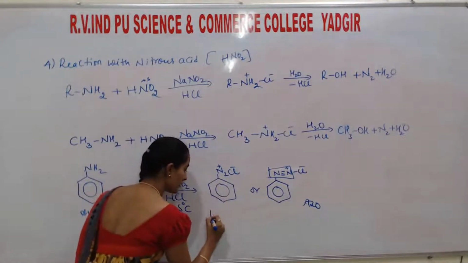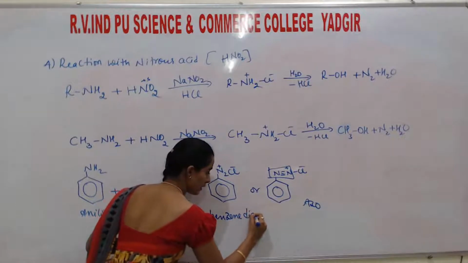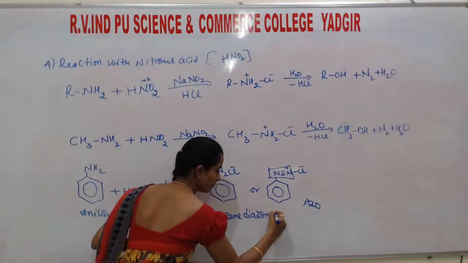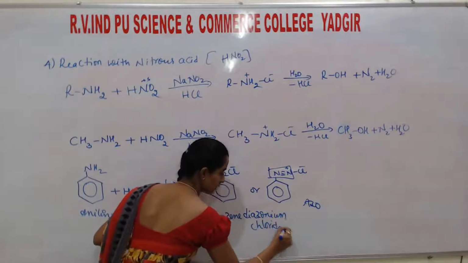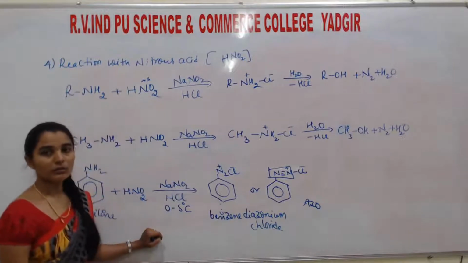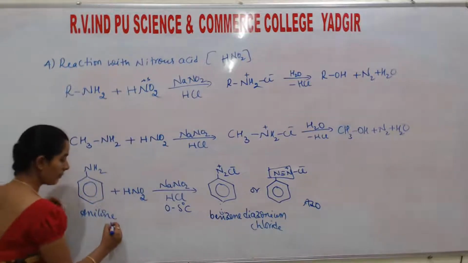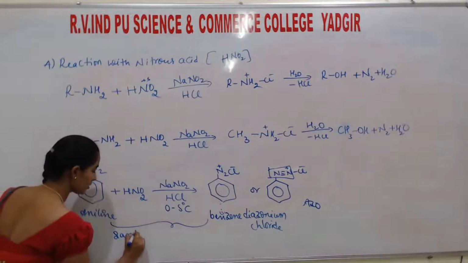This one is called benzene diazonium chloride. This one is called what? Benzene diazonium chloride. And this complete reaction is called the Sandmeyer reaction.